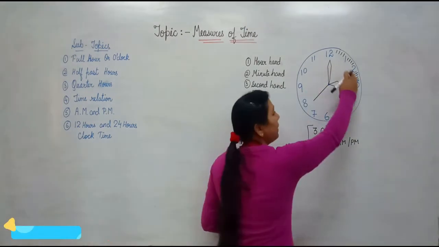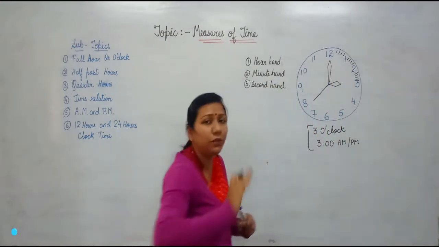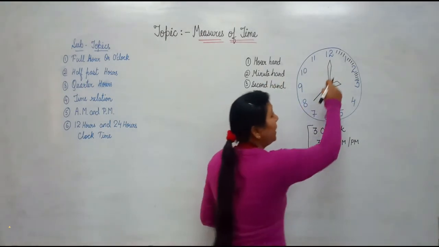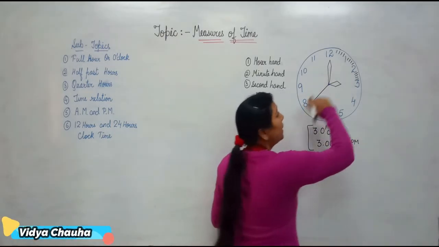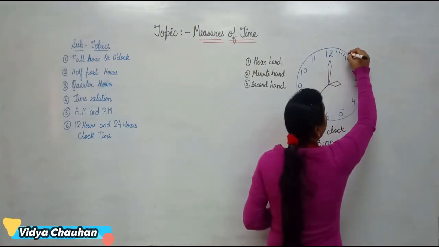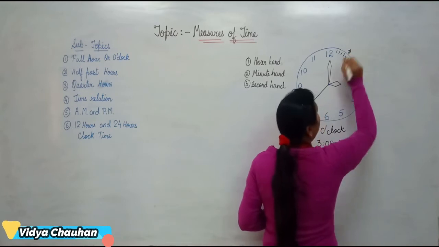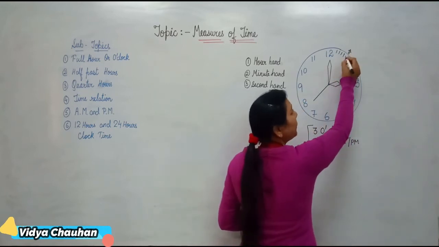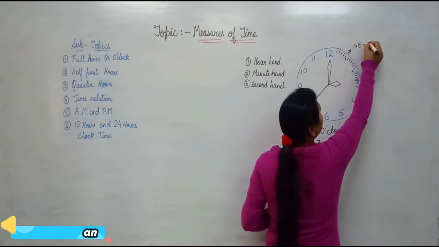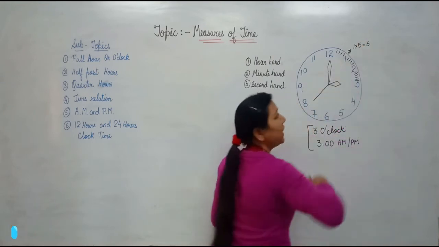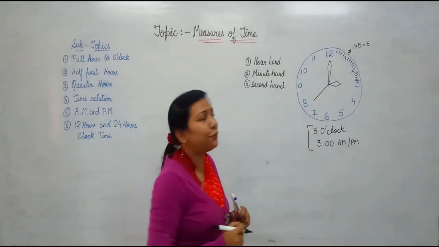Now how do we come to know that it is 3 o'clock? Let's discuss. As I have told you, there are 12 divisions in the clock, and every division is subdivided into 5 subdivisions, right? So how do we get the value of each hand? Here you have to read the table of 5. So 1 fives are 5, or 5 ones are 5.